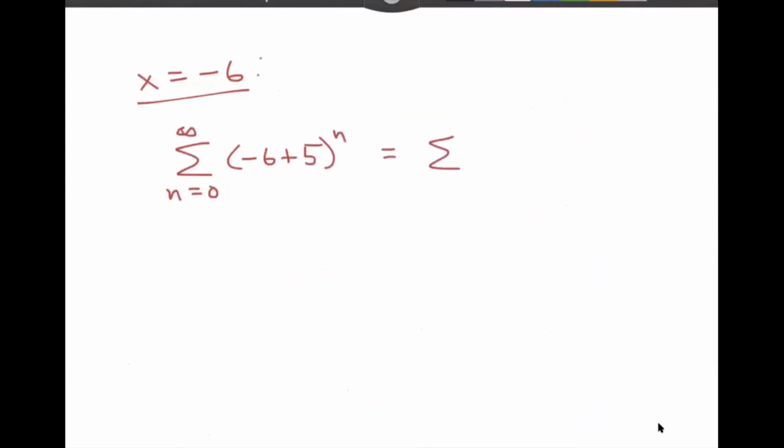All right, so this is the sum n going from 0 to infinity of (-1) to the n, which is this series, 1 minus 1 plus 1 minus 1 plus 1 minus 1, etc. And that series also diverges by the nth term test. The limit as n increases without bound of (-1) to the n does not exist, right? Because it just oscillates between 1 and -1.